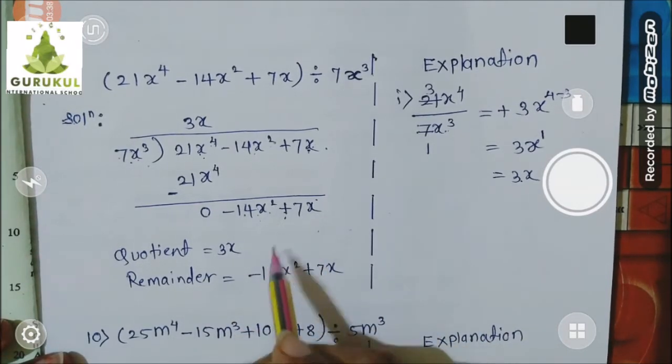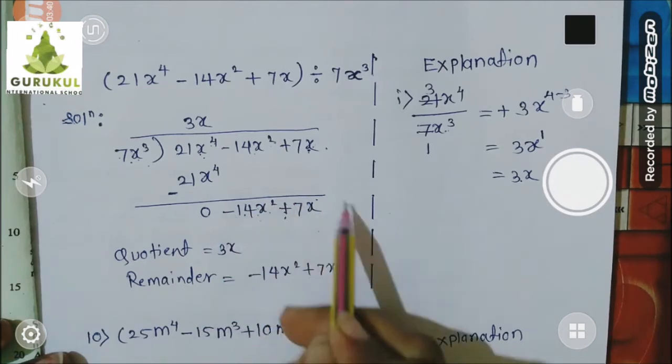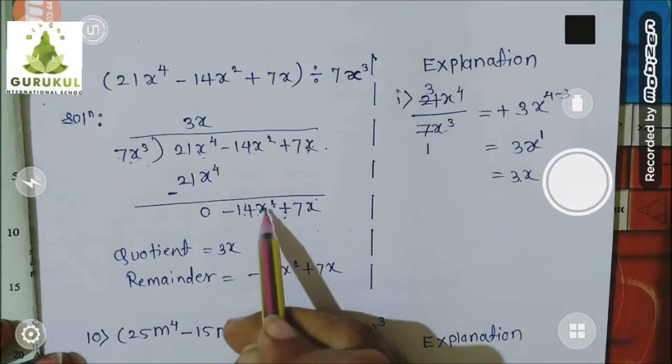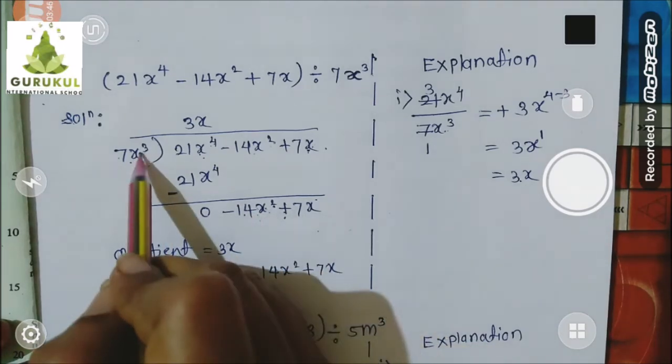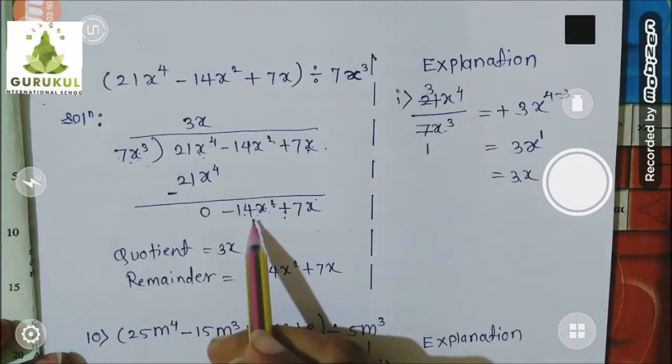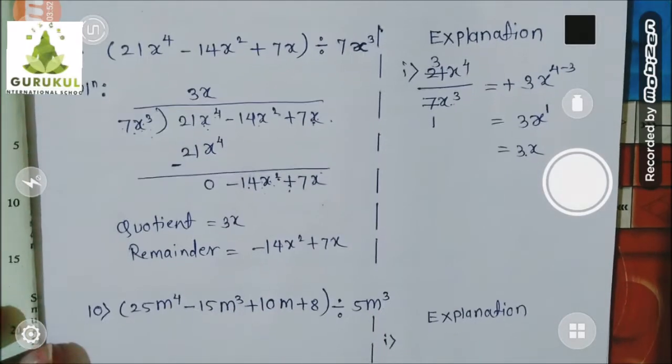I will not continue the division because the degree of this remainder is 2, because the highest power of this binomial is 2. And here the degree of the divisor is 3. So this degree is less than that, and that's why we have to stop the division.